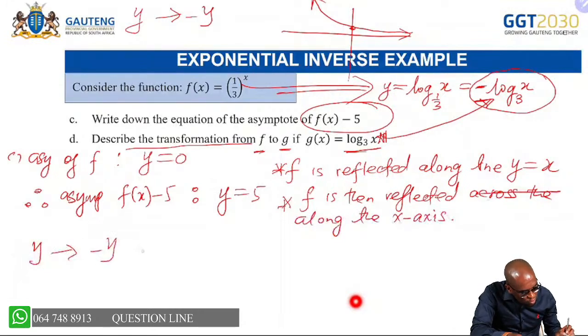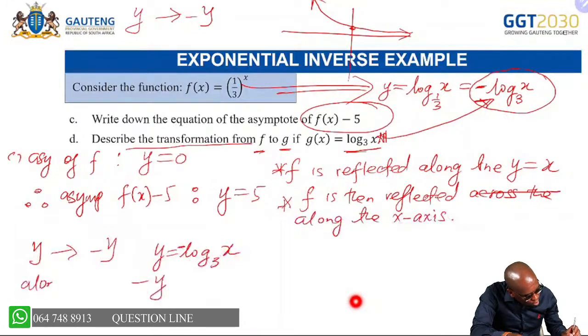Which means that if you have an equation, y is equal to negative log to the base 3 of x, if you reflect along the x-axis, this would be minus y is equal to minus the log to the base 3 of x.